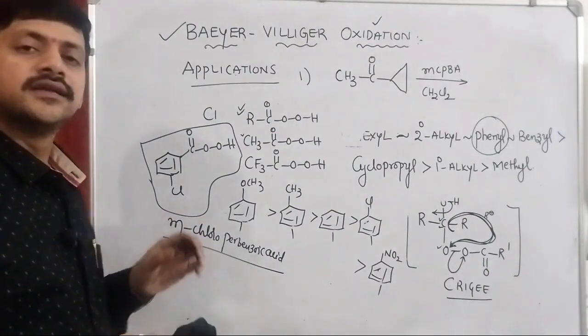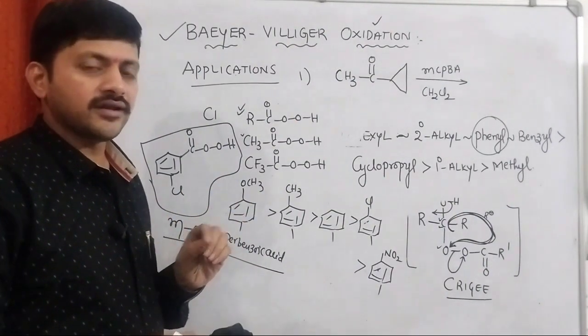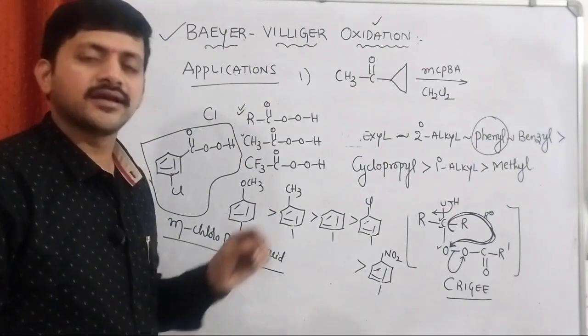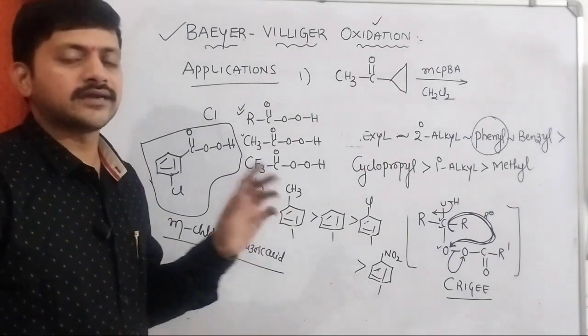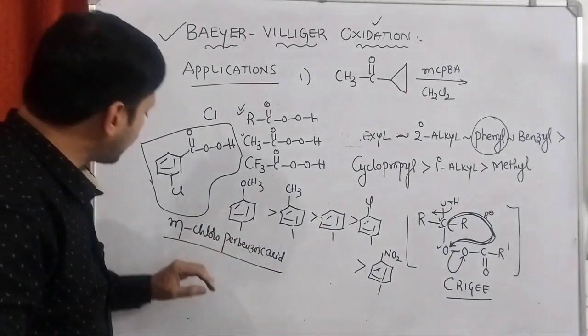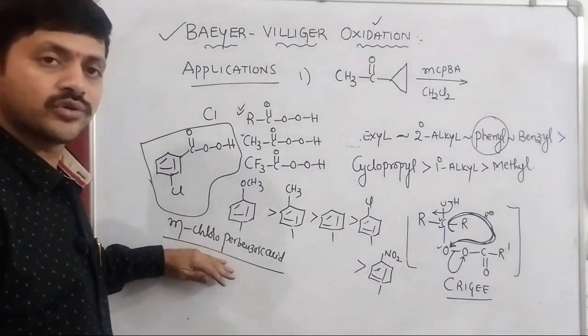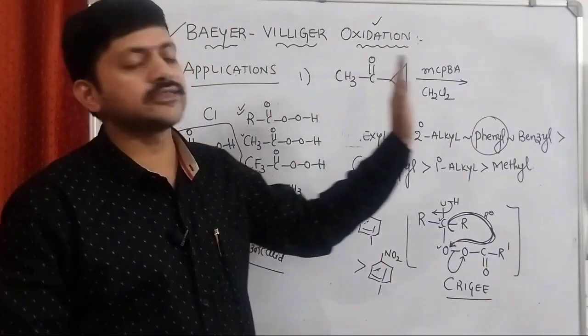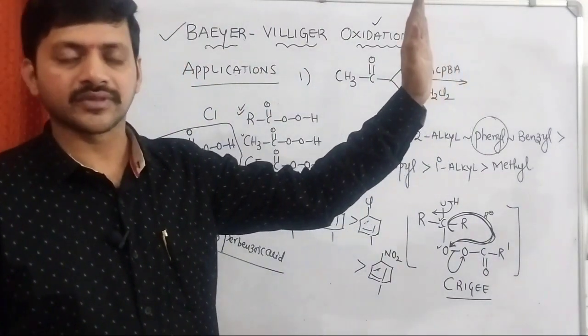Why? Because this is a very cheap material, readily available in the market and highly stable at room temperature. That's why we are using this metachloroperbenzoic acid in all these transformations.